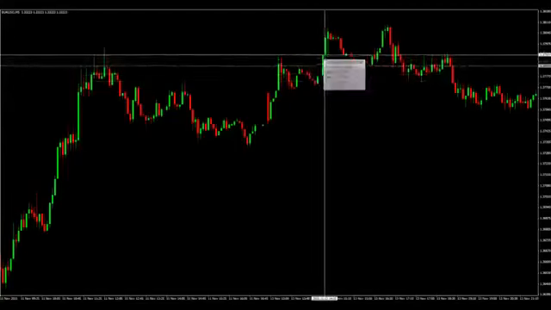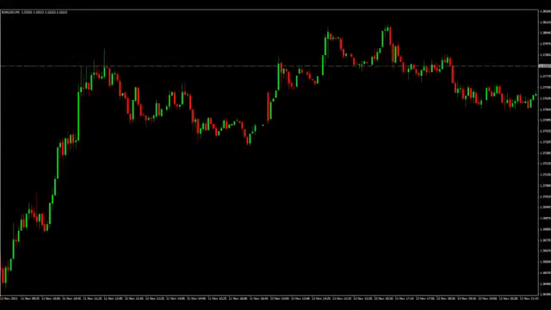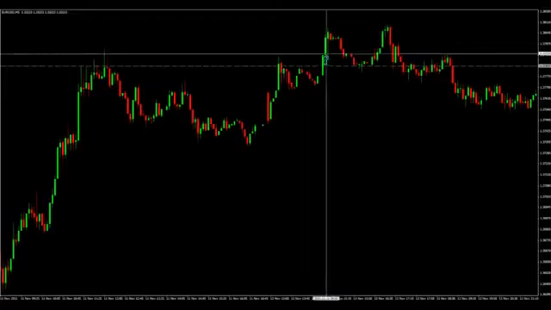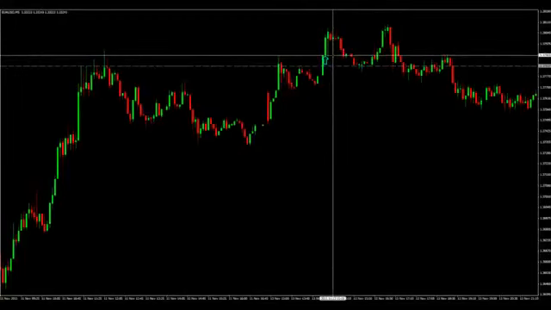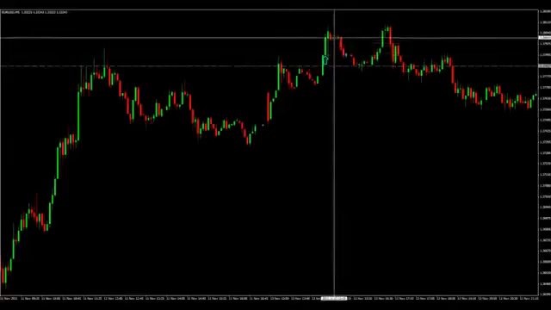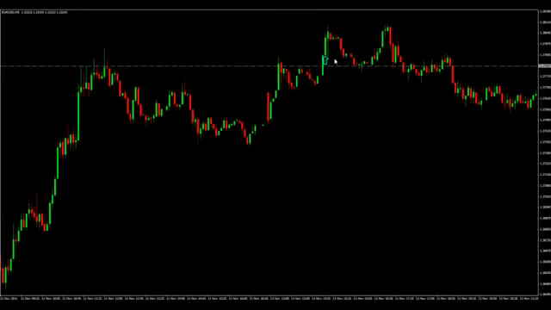So as soon as it broke up right here, we're going to be taking a call right there, and this is the 55 bar, so we're going to be waiting. Our expiry would have been about 1510, so it would have been about an 11 pip win.